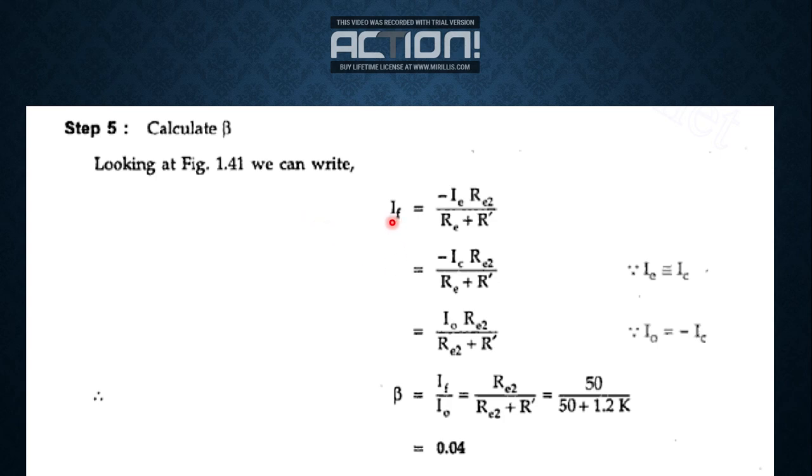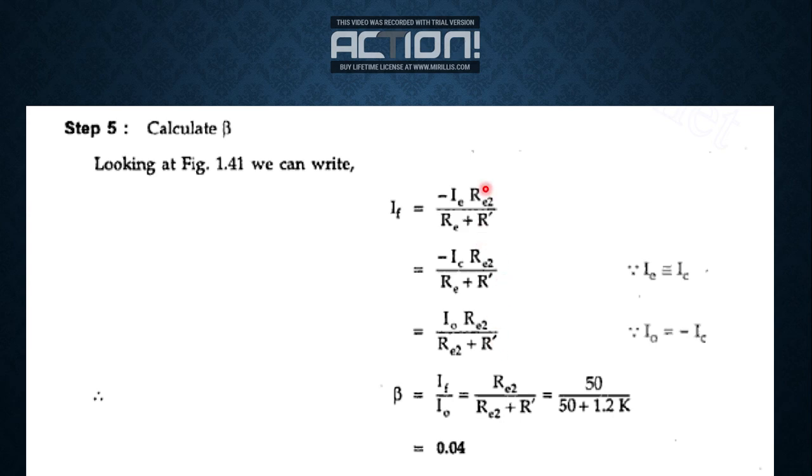For that, IF is equal to minus IE RE2 divided by RE plus R dash. We know by Ohm's law, I is equal to V by R. VF is the voltage across the feedback, which is minus IE into RE2, divided by the overall resistance, RE plus R dash.